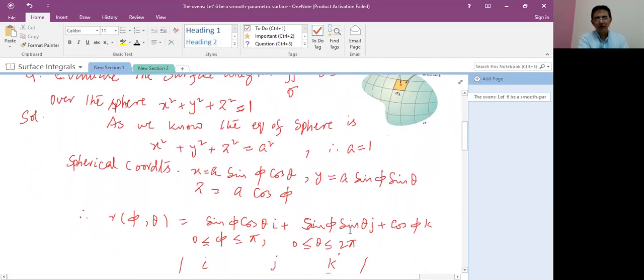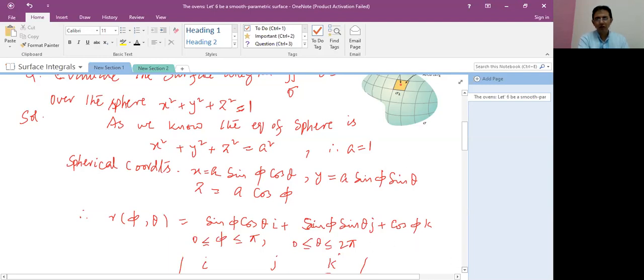With the help of spherical coordinates, we will find r(phi, theta), because r is the radius vector and it depends on phi and theta. Putting a equals 1, r(phi, theta) equals xi plus yj plus zk, so x is sin phi cos theta i, plus y equals sin phi sin theta j, plus z is cos phi k.